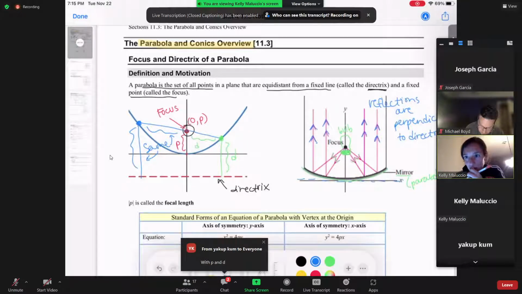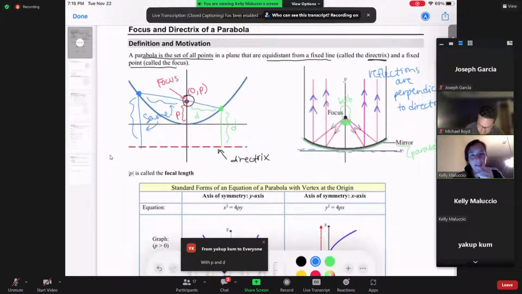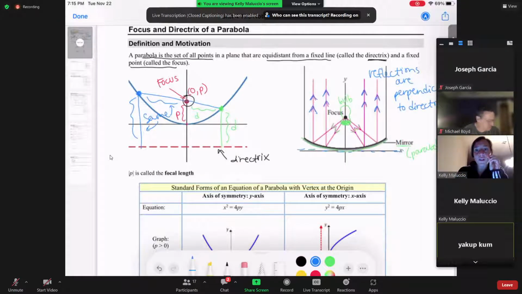Is there a formula with P and D? Yeah, we're going to get to that. That's the next part. I'm just trying to give you an example. D is just a distance. You don't want to look for that, because this is just the same distance.